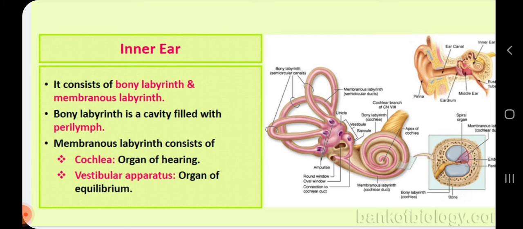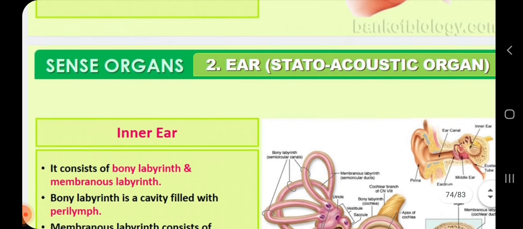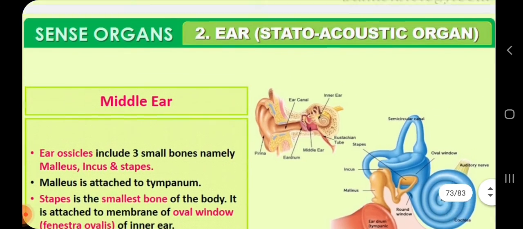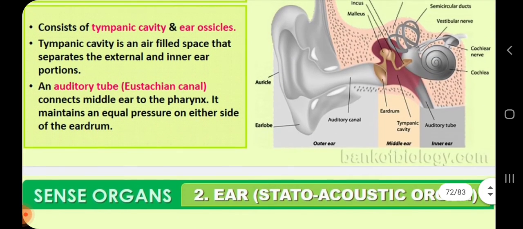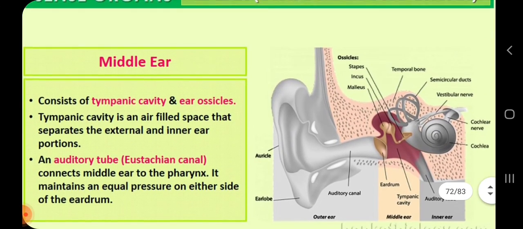So there is one more part, that is called the eustachian tube. This eustachian tube connects the middle ear cavity with the pharynx.